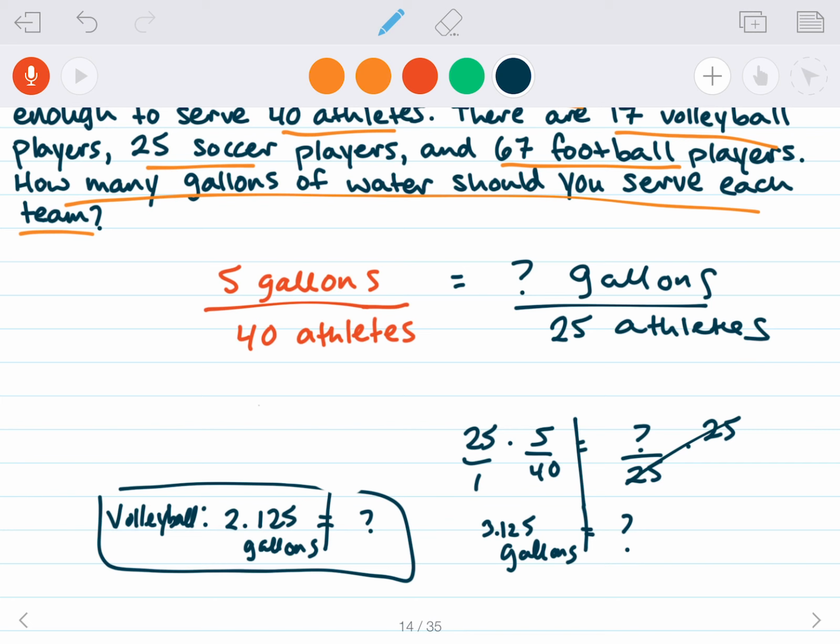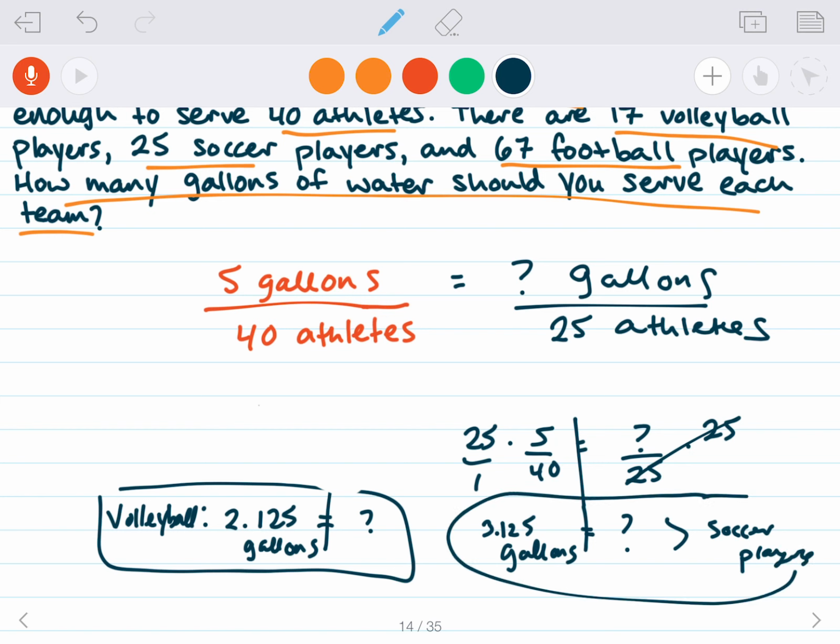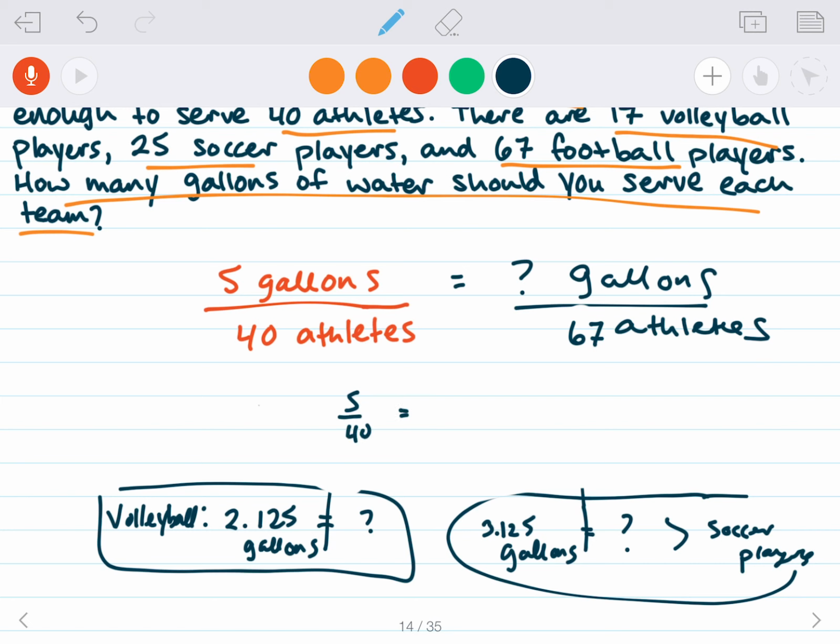And this is for our soccer players. Okay, and finally football players, we're just going to change the 25 in the denominator to a 67 and solve like we usually do. So 5 over 40 is equal to something over 67.